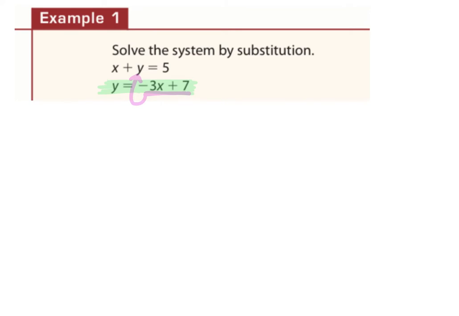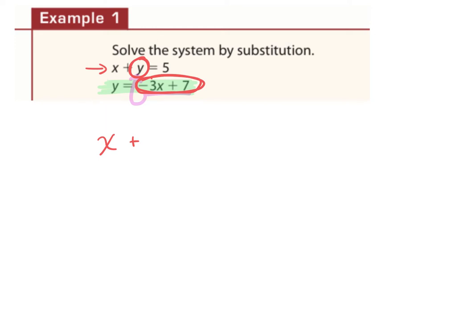So what we're going to do is take my function that does not have the variable by itself, and we are going to rewrite it. We're going to say x plus, and instead of this y, we are going to substitute what the y equals in the other equation. So we're going to substitute this whole entire thing in for y, all right?